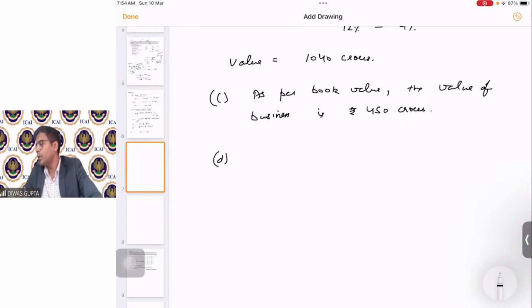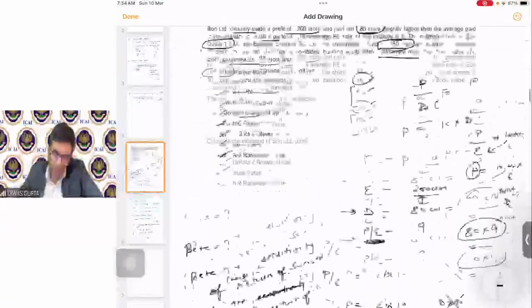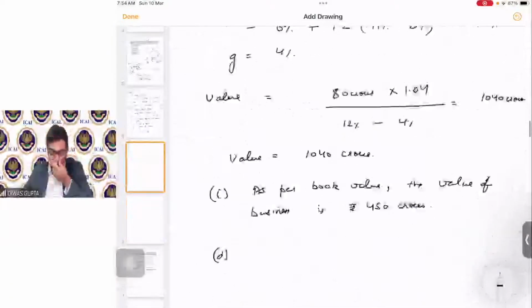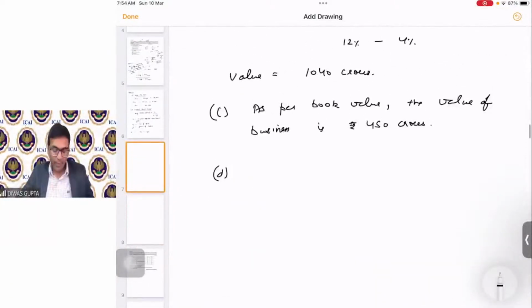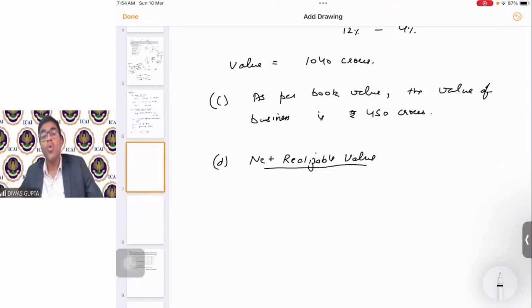Then comes the last part, which is net realizable value. Now, students, we have not been given the overall net realizable value. We have been only given two incremental adjustments, right?